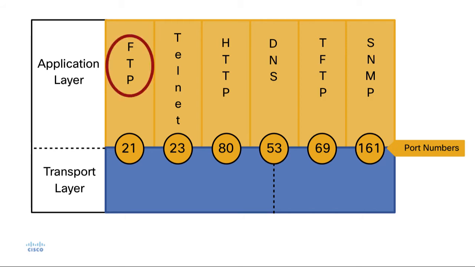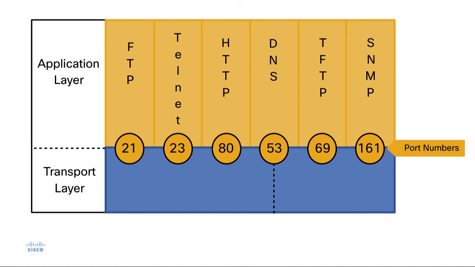For example, FTP is assigned TCP port 21. More specifically, it's assigned both TCP and UDP port 21, but the application itself makes use of TCP as its transport layer protocol. The same is true with Telnet and HTTP.